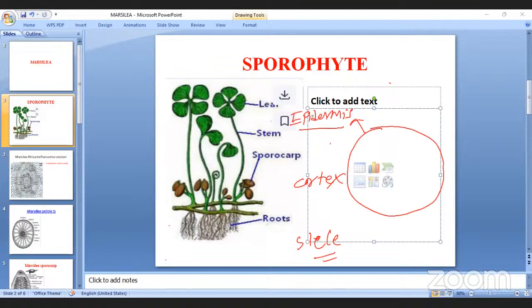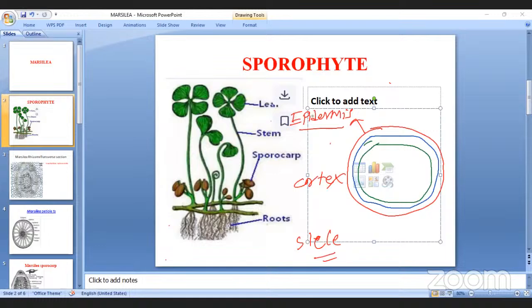Let's draw with different colors. First, let me take blue, and green.